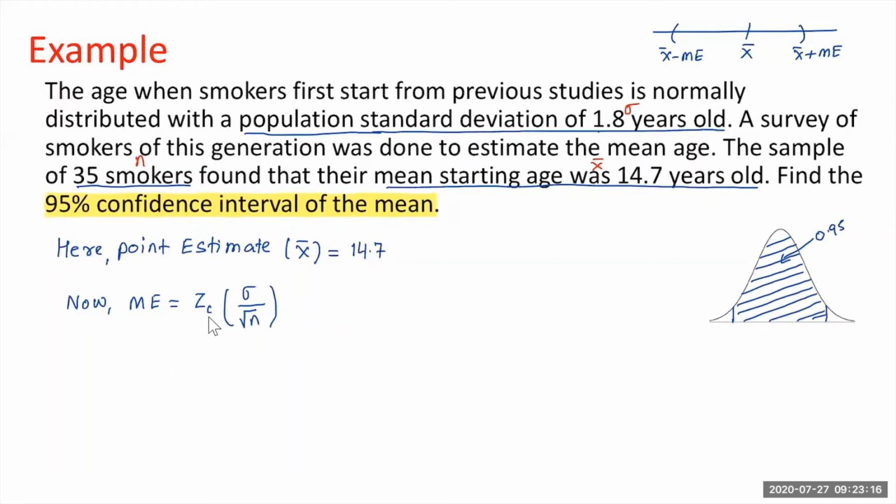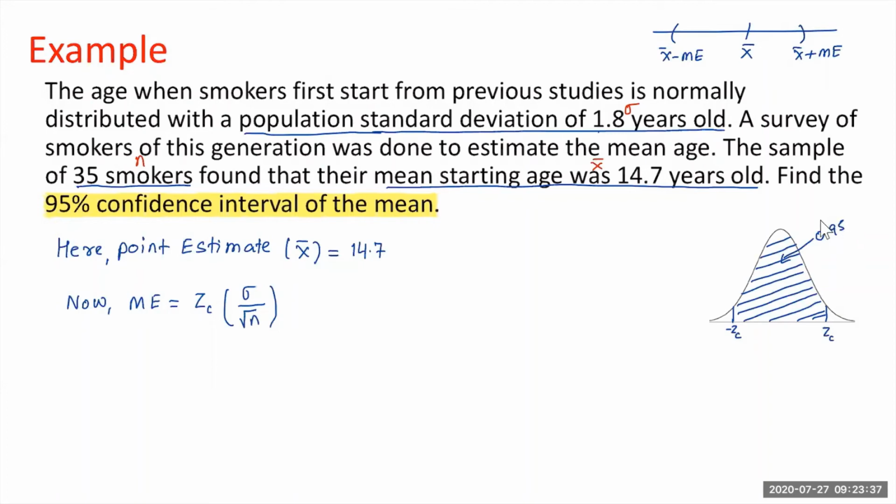And what I want is Z sub C, this z-score here. The value on the other side will be negative Z sub C.